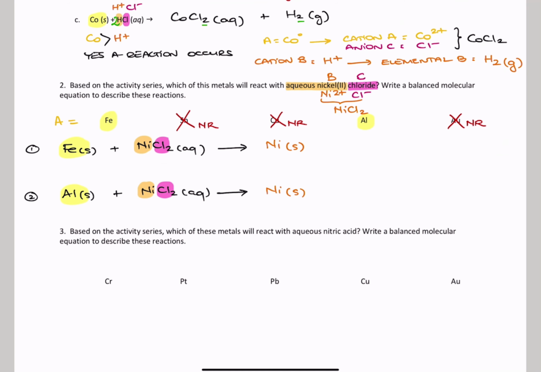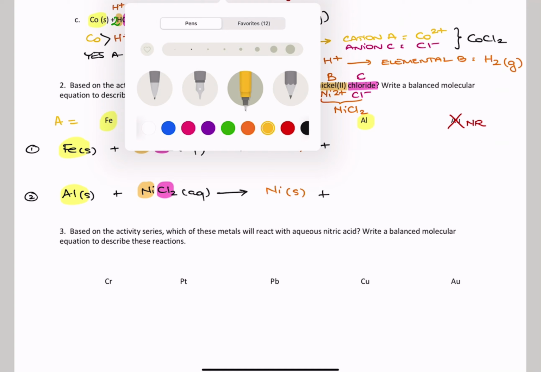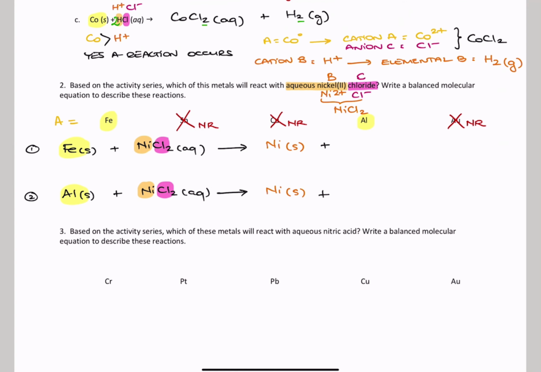Nickel is being displaced. And then the cation formed by iron, so iron A will form cation A being Fe2+, you can look on your activity series, and aluminum will form the cation A that will be Al3+.